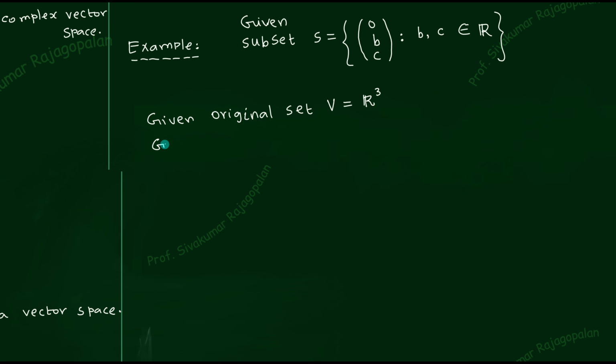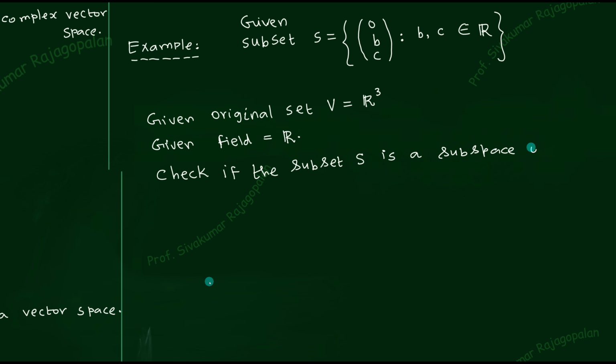Let me explain R3 first and then come back later. In addition, the given field is the set of all real numbers. Now the question is: verify if the given subset is a vector space or not. That's all. That is the question.